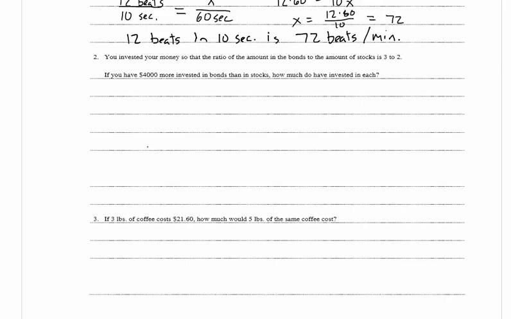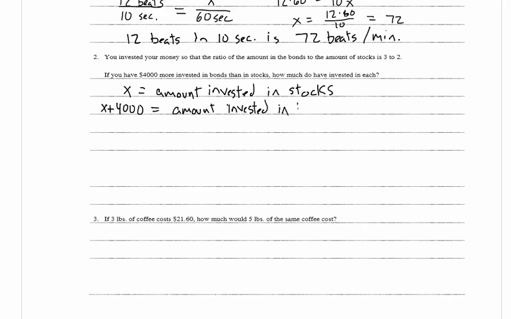And we're going to say that x represents amount invested in stocks, and x plus 4,000 is amount invested in bonds, and now we want to set up a proportion.